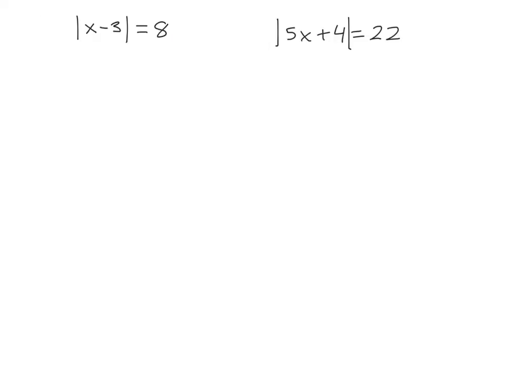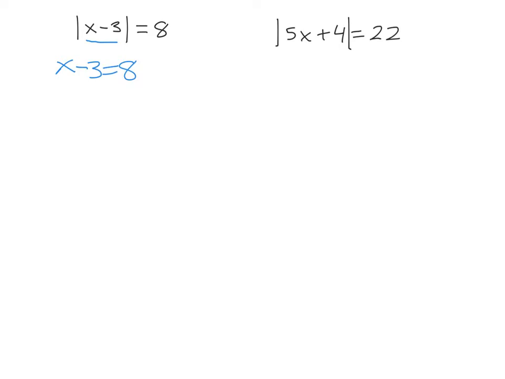In our first example, we have the absolute value of x minus 3 equals 8. Now remember, the absolute value makes anything inside the absolute value positive. So whatever x minus 3 is, the absolute value will turn that into positive 8. What that means is x minus 3 could be equal to 8, right?